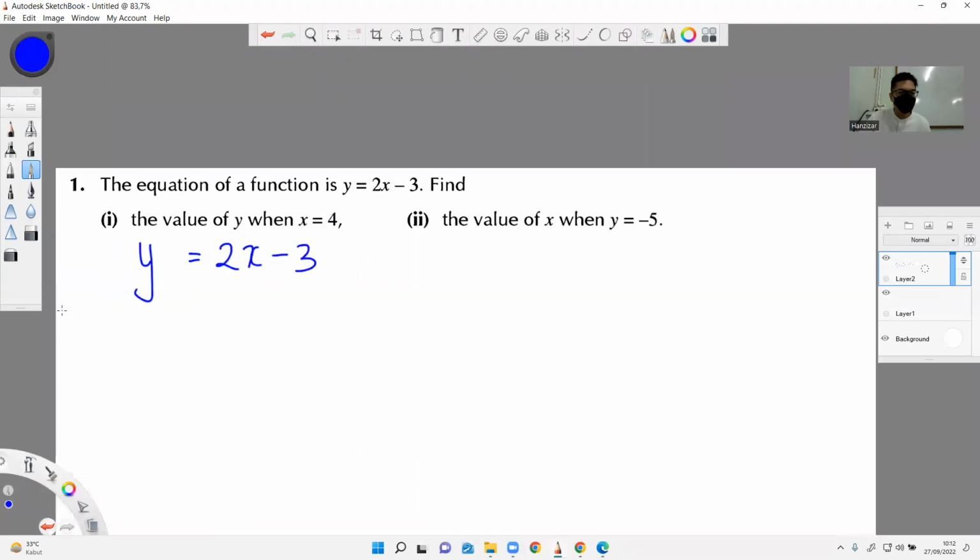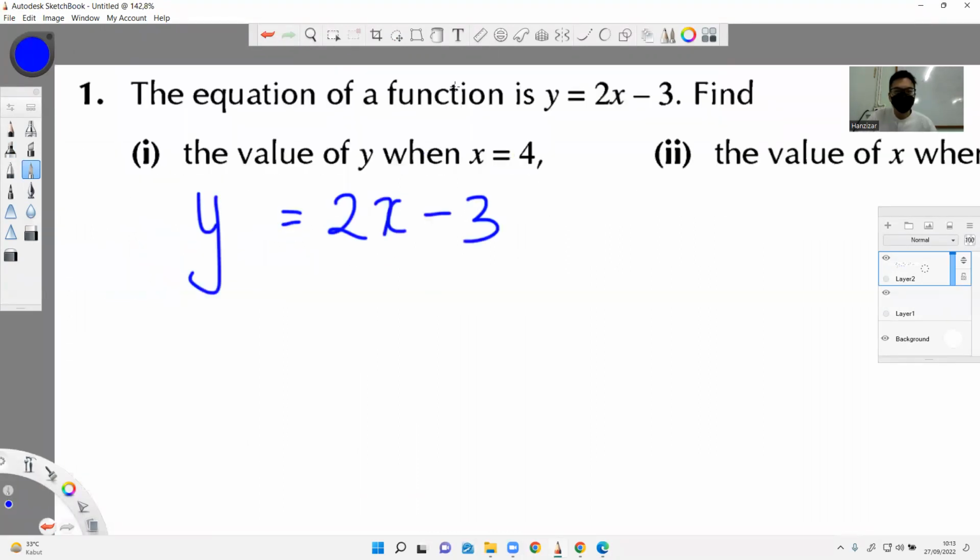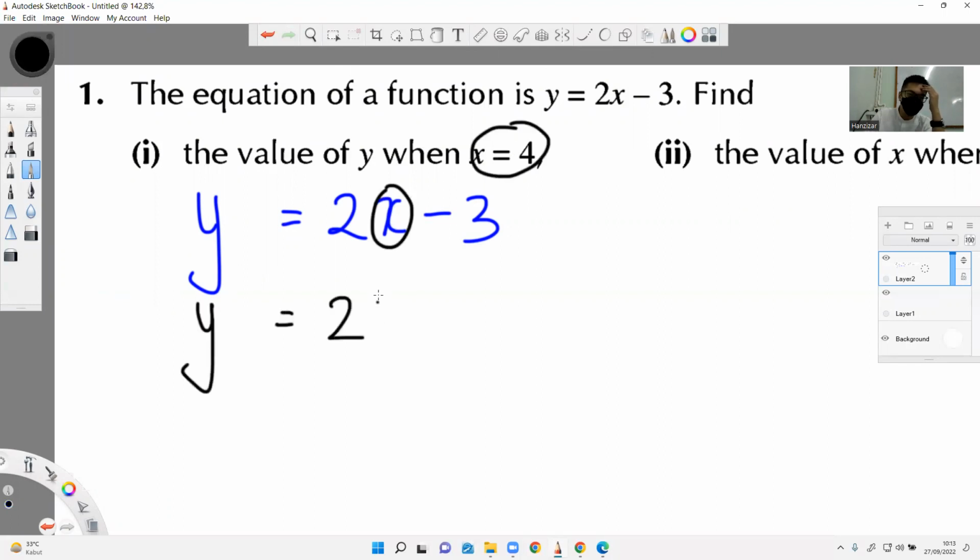So part 1: find the value of y when x equals 4. What does it mean? You put x as 4, right? Look at what I circled, x as 4. So y equals 2 times 4, careful, 8 minus 3, which is 5.